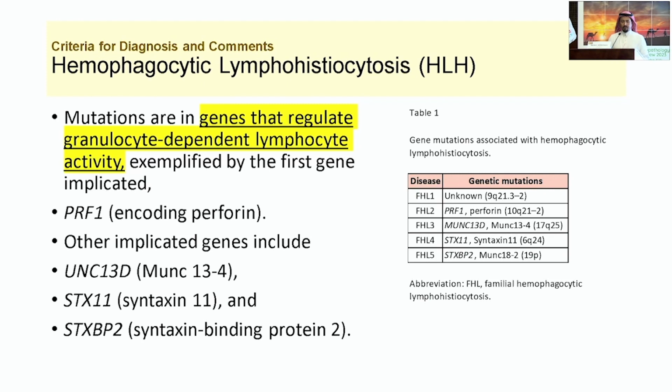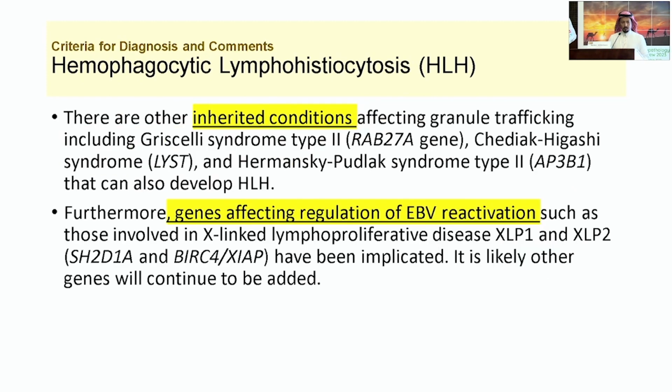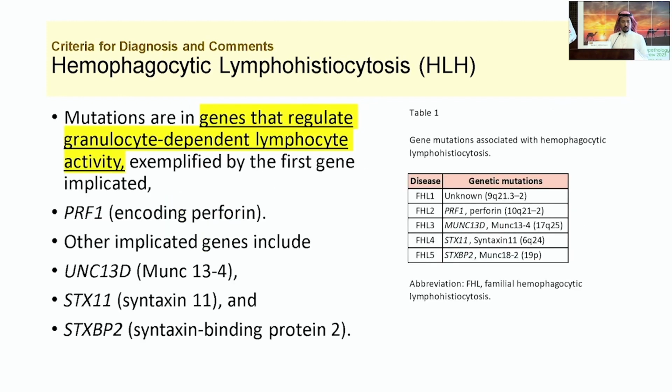There are a number of genetic mutations or dysregulations related to primary HLH, including PRF1 and others implicated, such as MUNC and other cytotoxic genes. These are mutations related to granule-dependent lymphocyte activity.